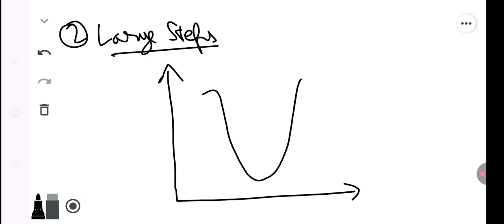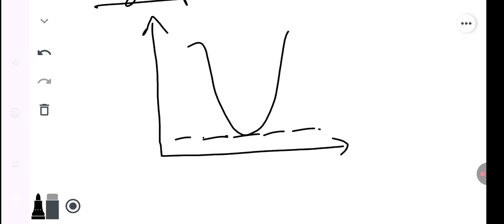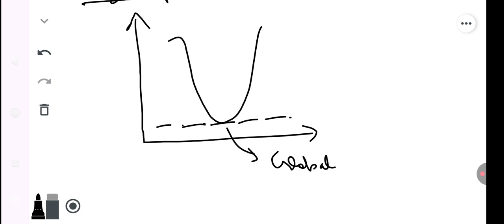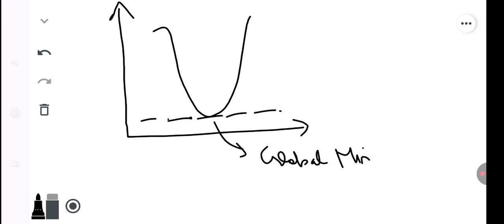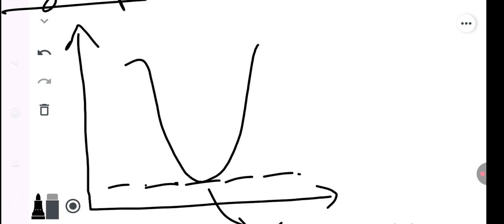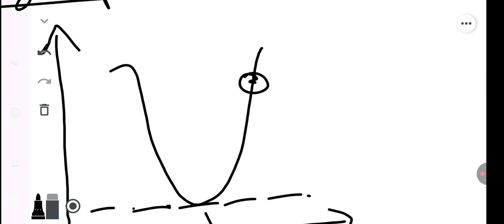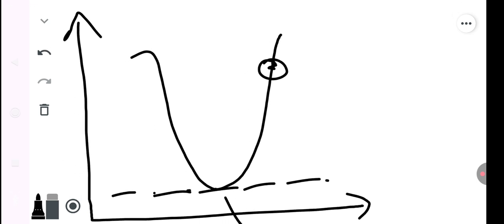This point is again our global minima, and I am at this point. I have to reduce my error rate. So if I take very large steps, I'm here, then I'm here.